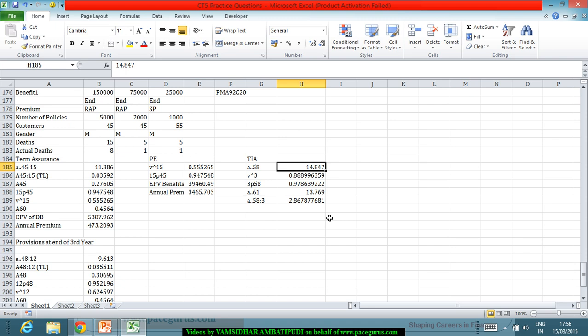A double dot 58 is going to be 16.356. V cubed is fine. 3P58 also goes as L61 by L58, even that I have to take as per this table.